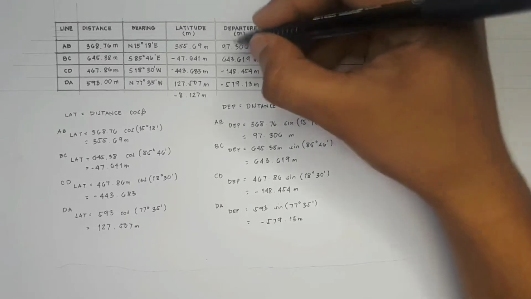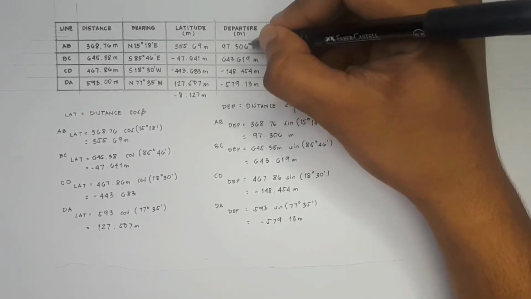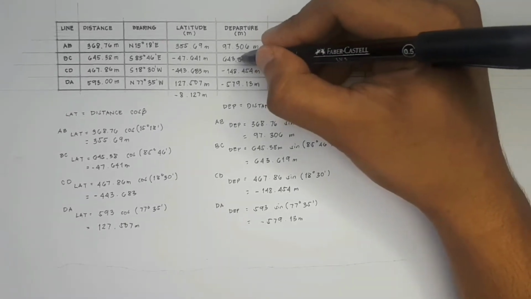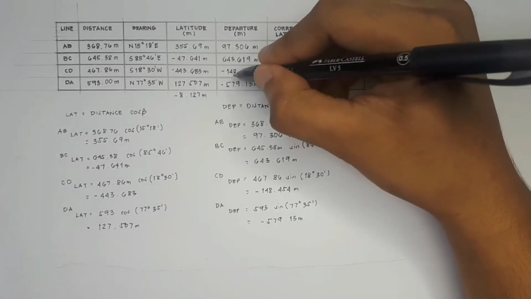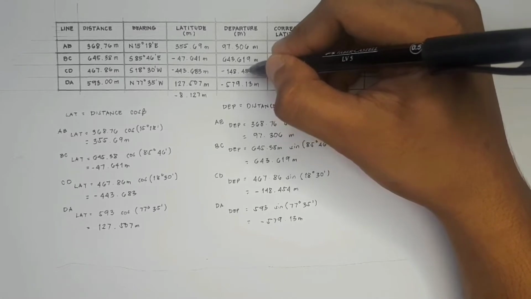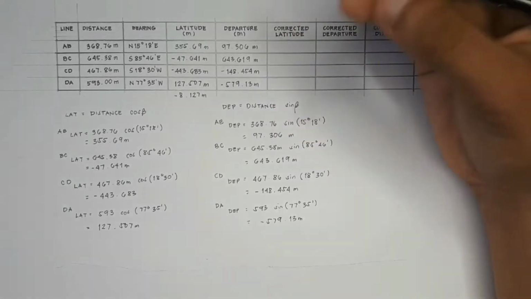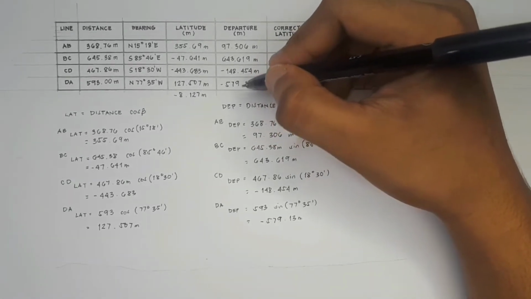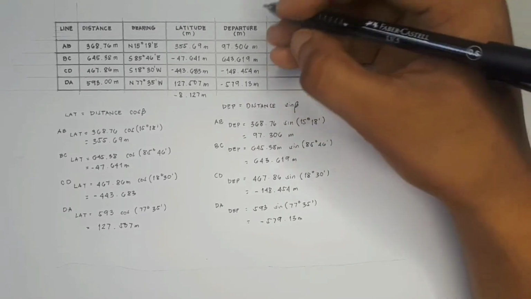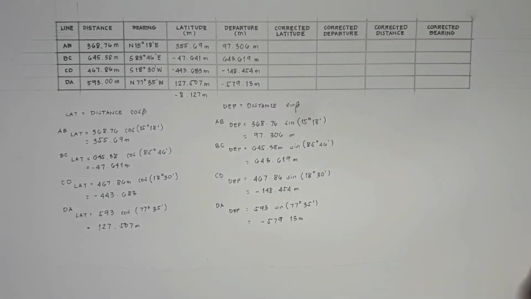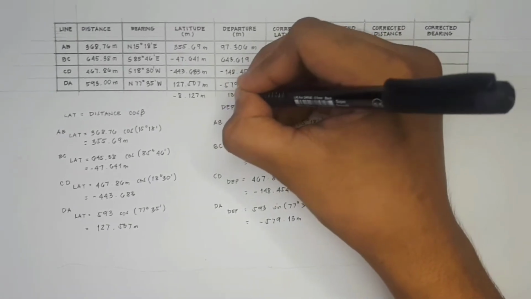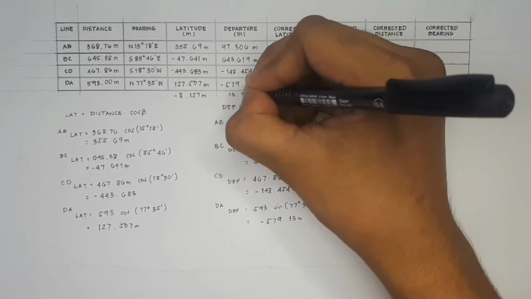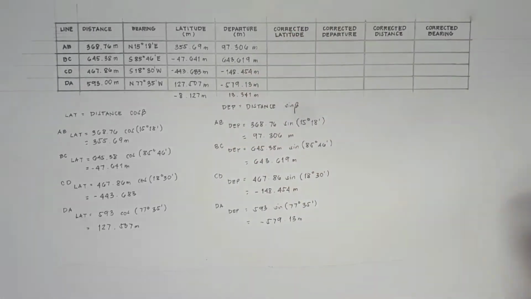So we have 97.306 meters plus 643.619 meters plus negative 148.454 meters plus negative 579.13 meters, and this will give us positive 13.341 meters.